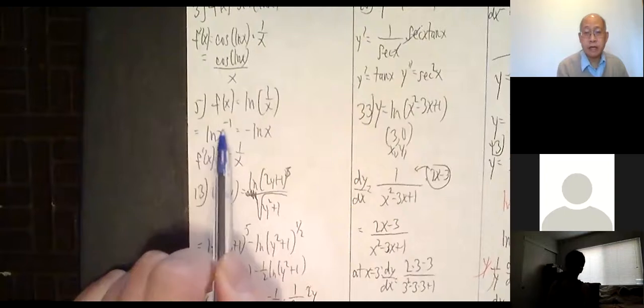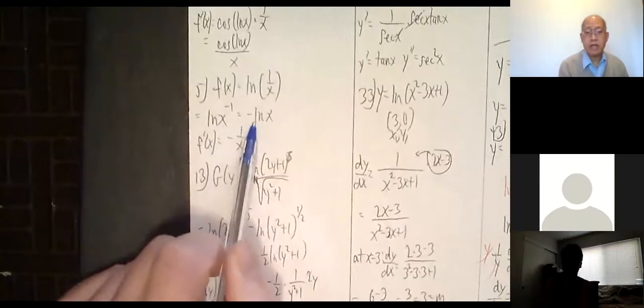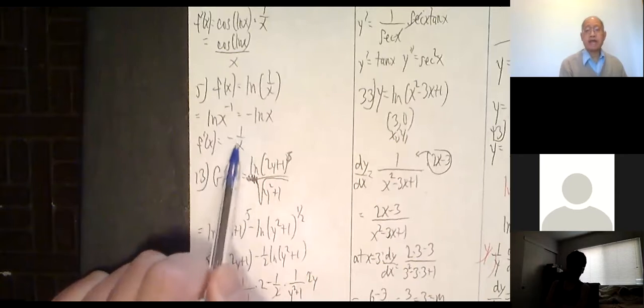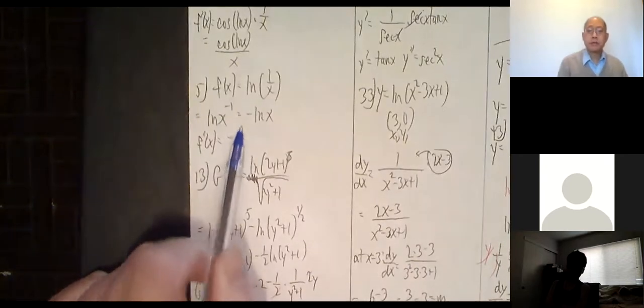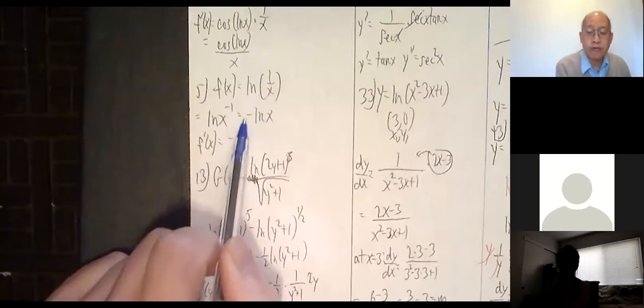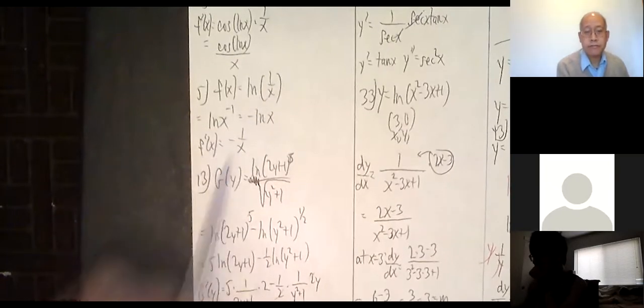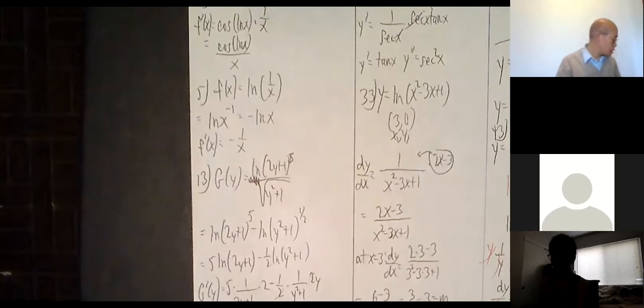So even in your pre-calculus days, you should already know how to do this. So I'm just differentiating negative ln x, which is just negative 1 over x. The constant multiple rule, the coefficient is negative 1, so the derivative is negative 1 times the derivative of ln x, which is 1 over x. Okay.